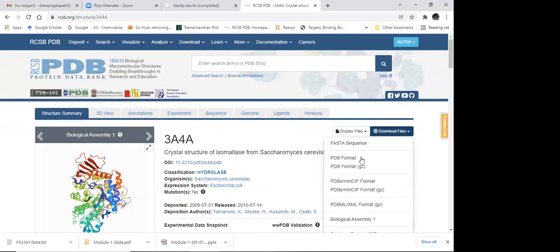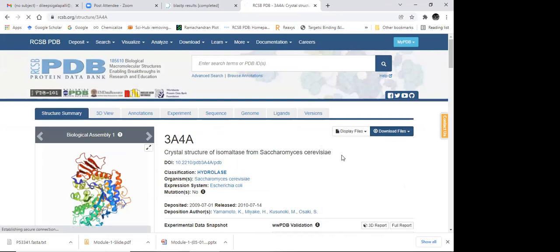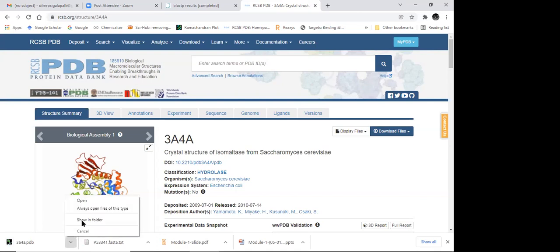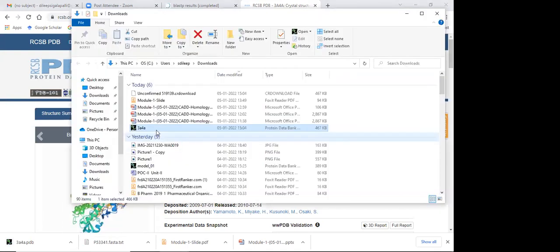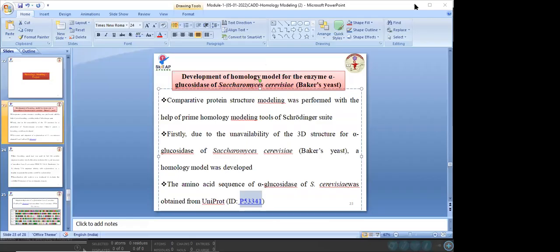Go to the download option, then PDB format. Here you can see the PDB structure for 3A4A. Now I am copying this structure to the folder, that is the Homology Modeling folder.